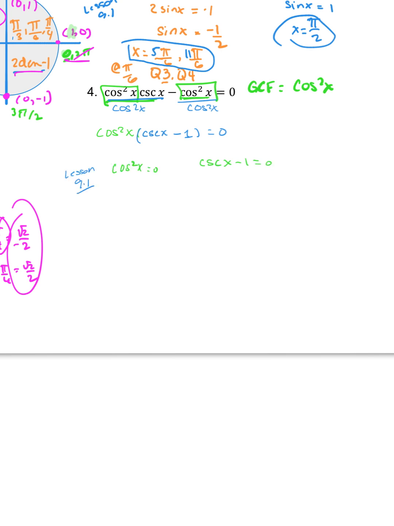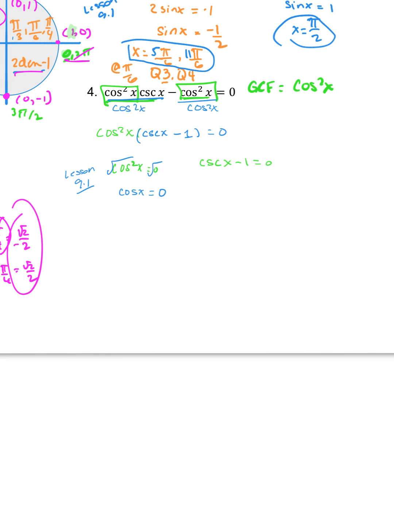Okay, now that we've got them set equal to 0, this is really lesson 9.1. So when I solve for, I need a cosine. So where does cosine x equal something? So I take the square root of both sides, and I get cosine equals 0. The square root of 0 is just 0. So now I'm going to see, on my unit circle, where is cosine equal to 0?